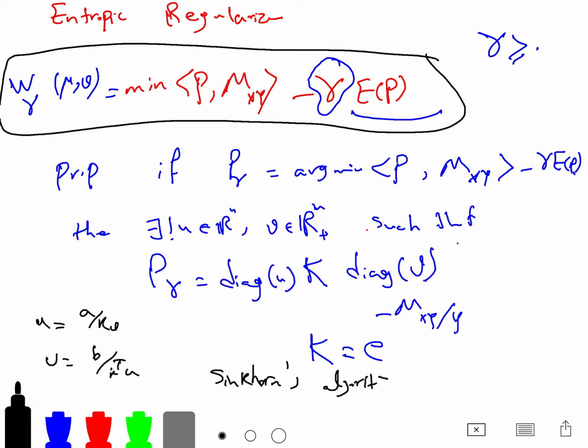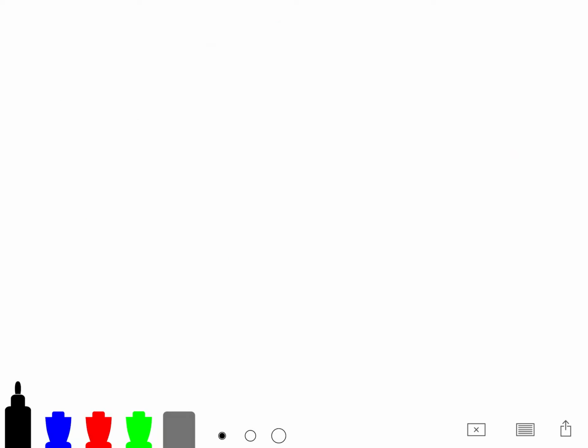And let's start by talking about why Wasserstein discriminant analysis is better than Mahalanobis metric learning, and also better than Fisher discriminant analysis.